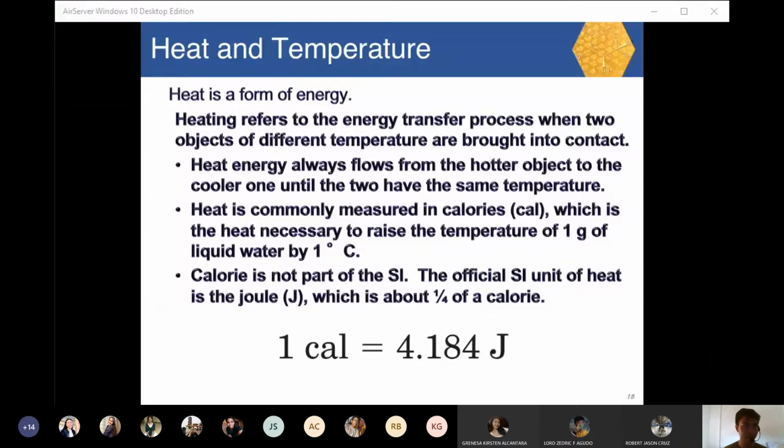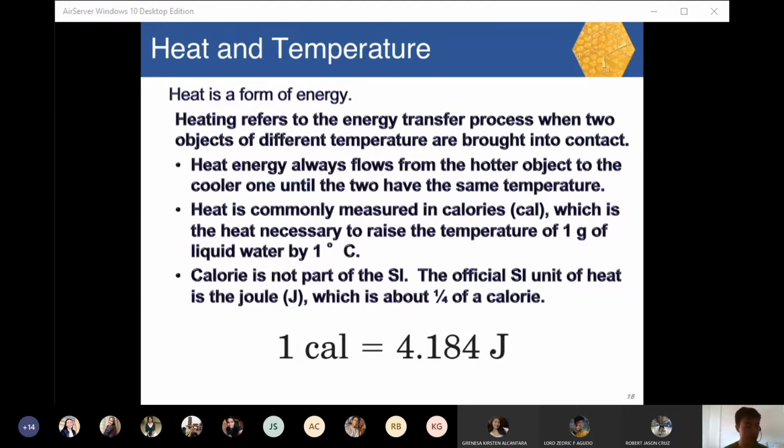Okay, so we measure energy using the units of calories. But calories is not the common unit of energy that we use, especially in chemistry. What we use is the official SI unit, which is the joule.